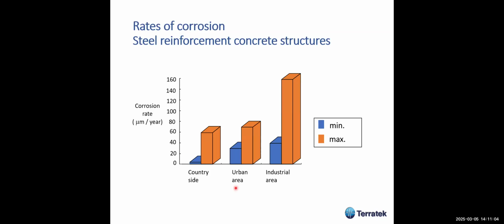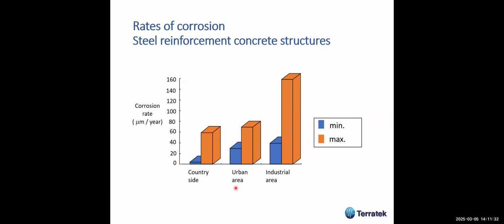The other thing that people in the beginning didn't account for was corrosion. And it turned out to be a major issue with time. The corrosion rates can vary a lot between countryside, urban area, and industrial area. Also, if you have any kind of contamination in the soil, you may have high rates of corrosion.